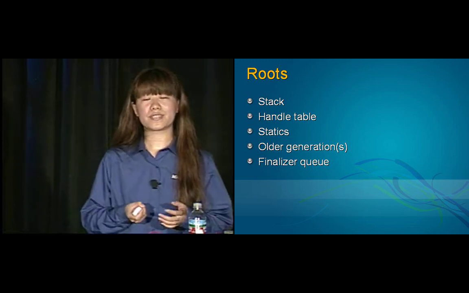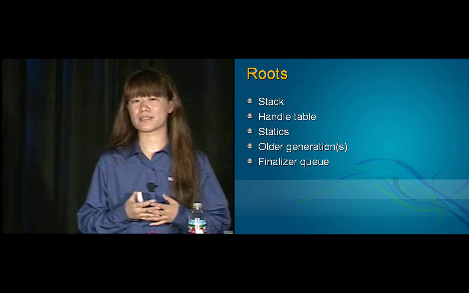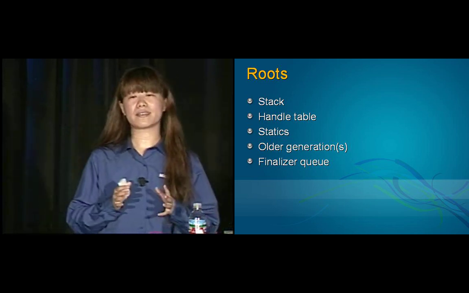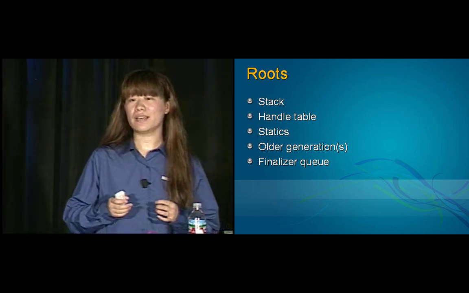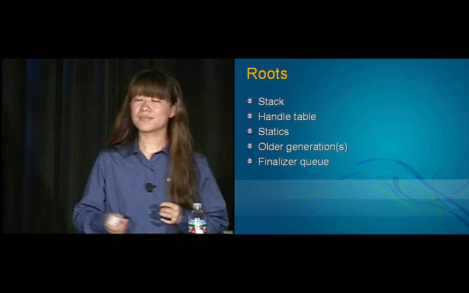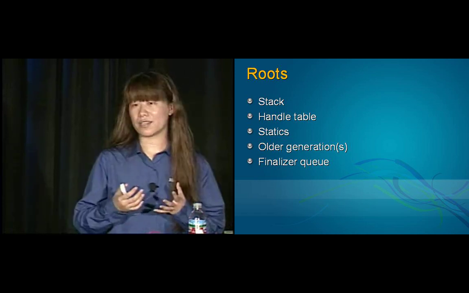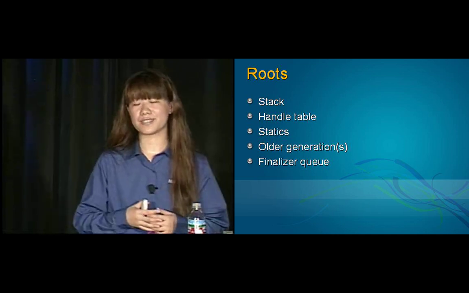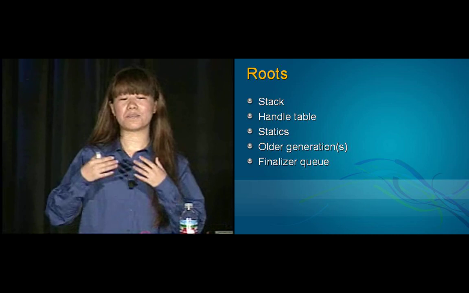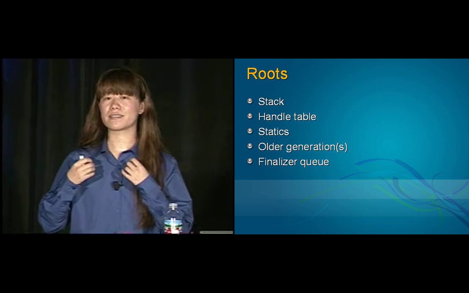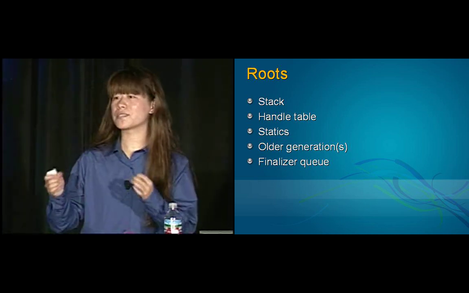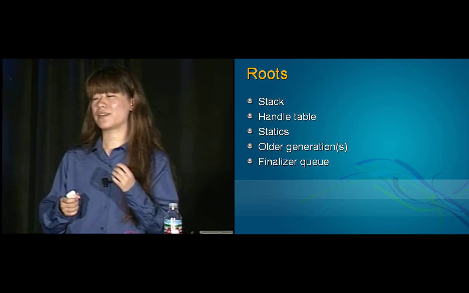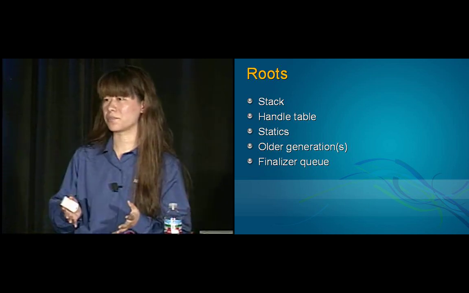The third source is statics, so static objects. Incidentally, the way that static objects are handled in the CLR is via the handle table. This is not part of the work for GC; the rest of the runtime creates a handle or handles for groups of static objects. This means that you can find static objects via the handle table.